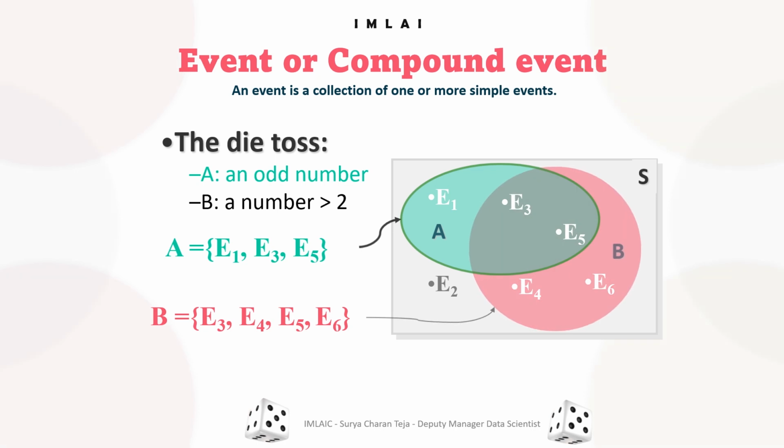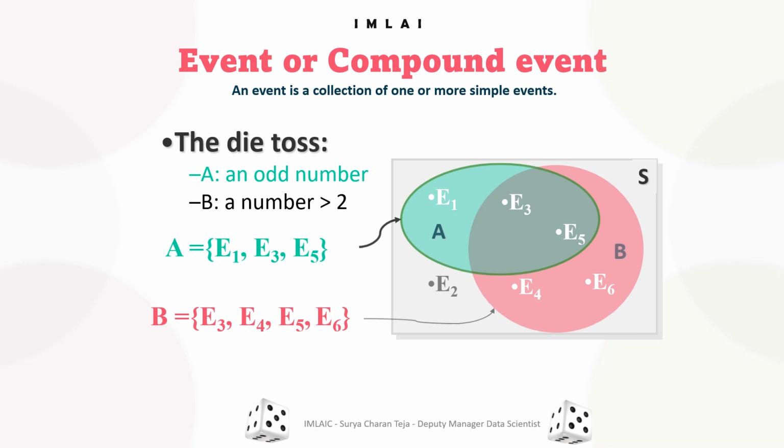So, in probability theory, we assign probabilities to events. How do we calculate a probability? That we'll see in the next slide. But what I want to tell you here is, in probability we assign probabilities based on the events.